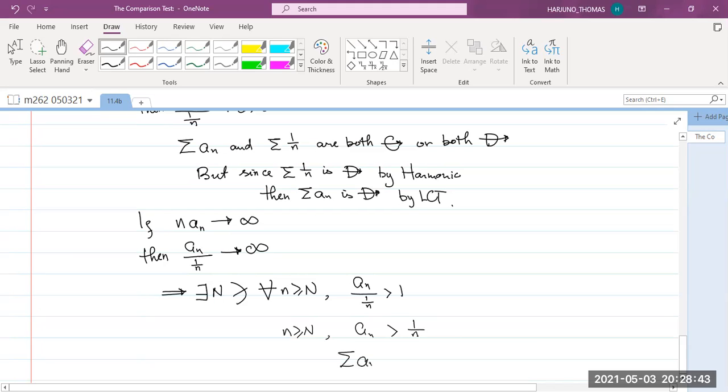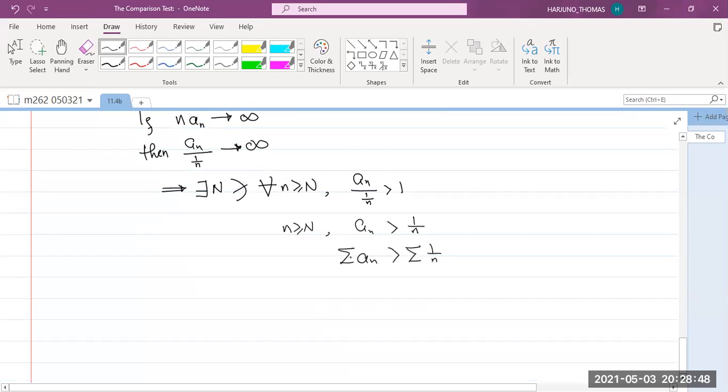So you have this series here, this series here, n equals N to infinity. Therefore, the infinite sum from 1 to infinity is equal to the first couple terms of that a sub n plus this.